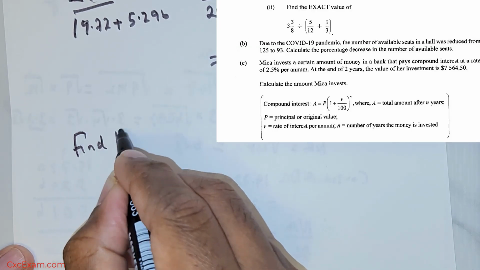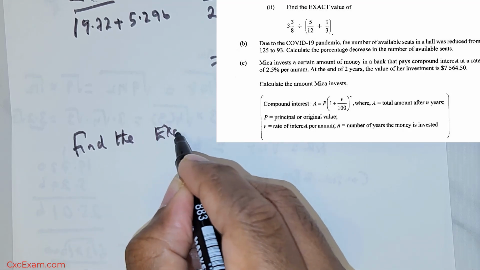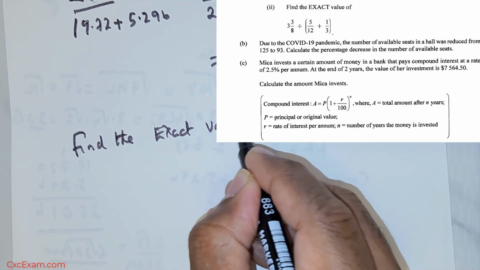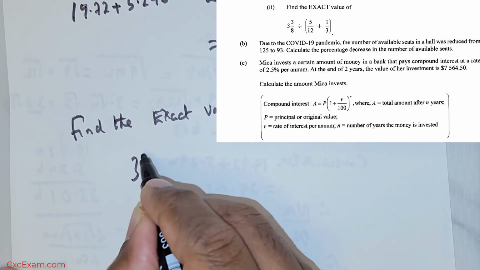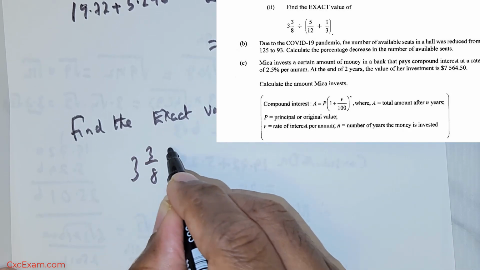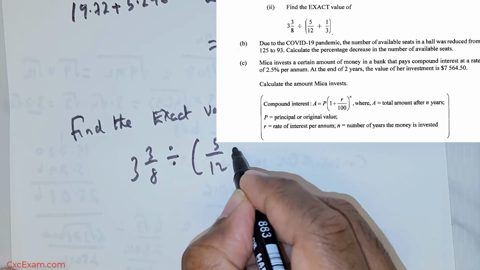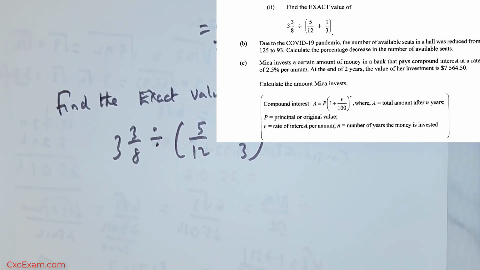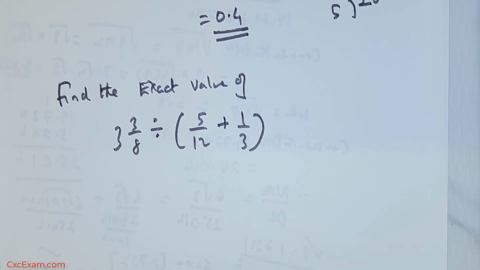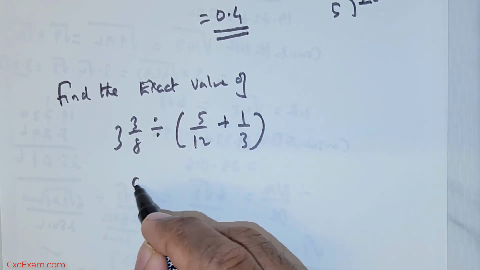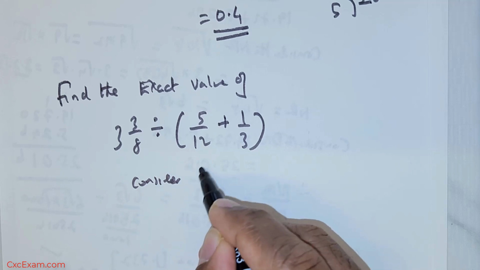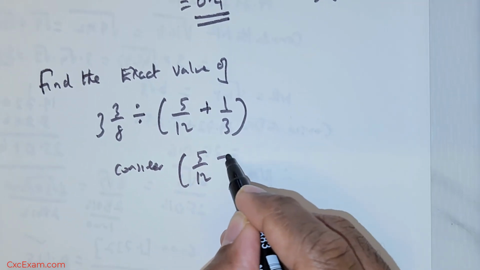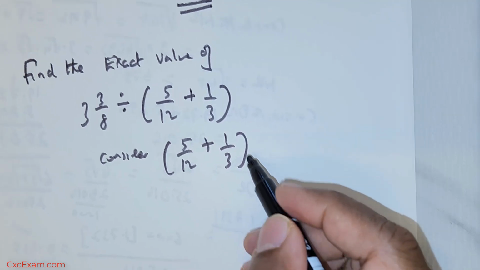Find the exact value of 3 over 8 divided by 5 over 12 plus 1 over 3. Okay, now what we are going to do is consider this term: 5 over 12 added with 1 over 3.